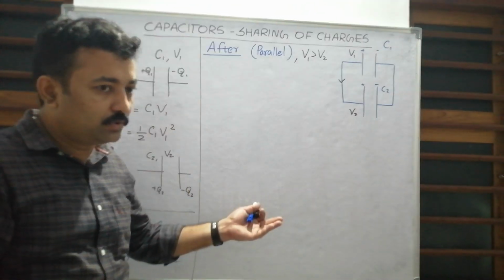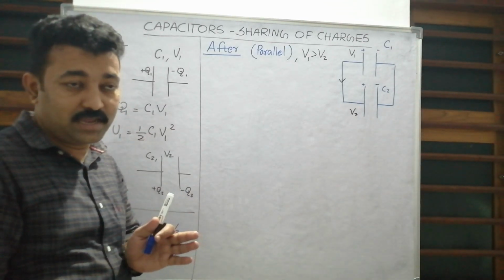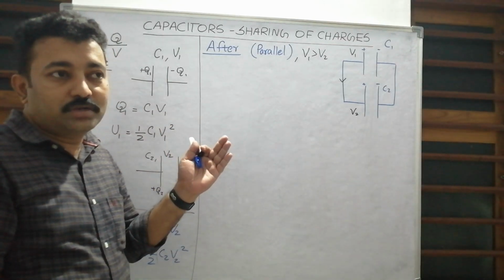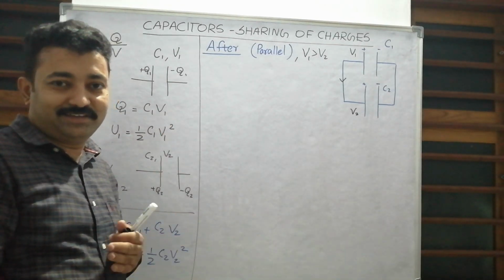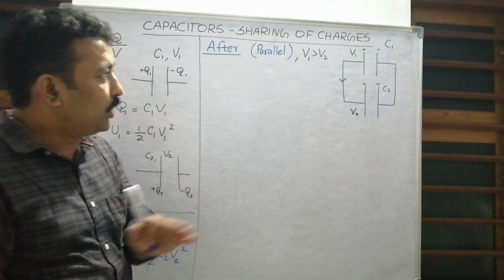When the charge flows through the wires, it is called a current flow, and that will lead to production of heat energy. Obviously, there can be loss of energy. So what is the process?